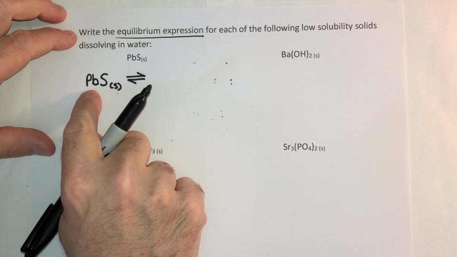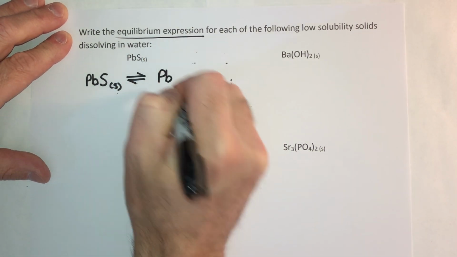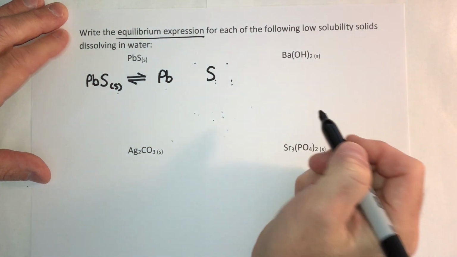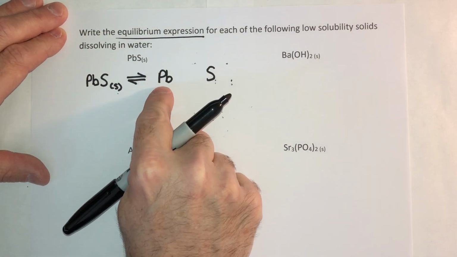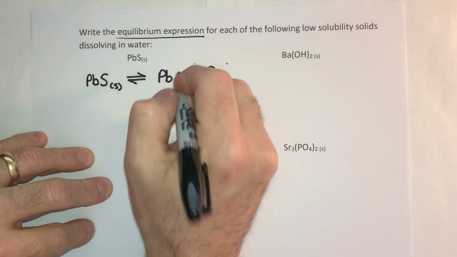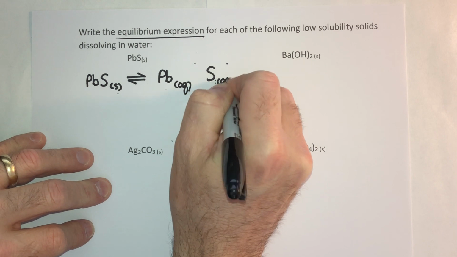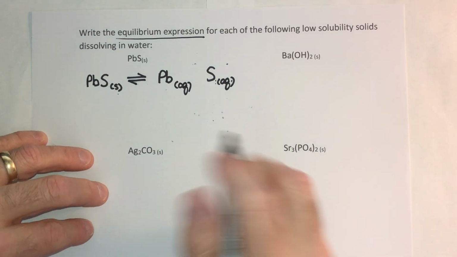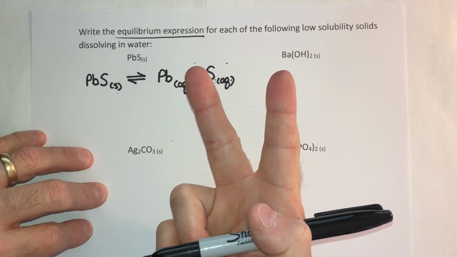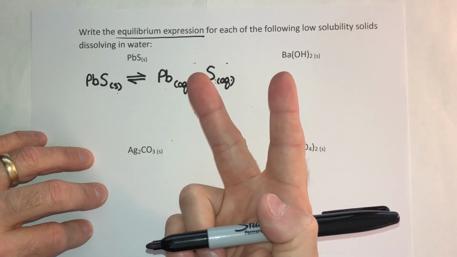So what 2 ions do you have in lead 2 sulfide? You got some leads and you got some sulfides, right? Lead sulfide breaks up to give me lead and sulfide. When they break up, they started as a solid, but now they're both going to be aqueous. Now there are 2 important things that you have to worry about. You have to make sure that this is a balanced equation.